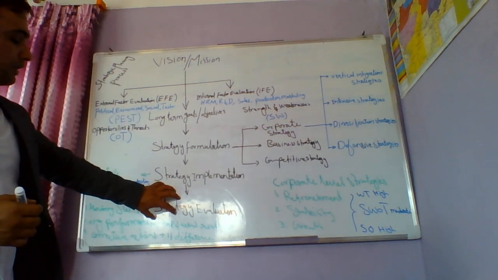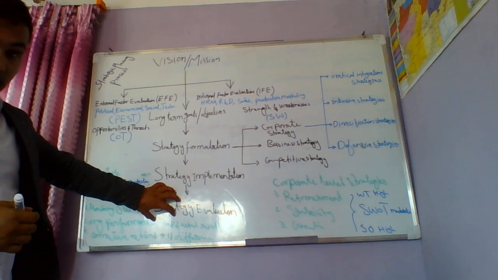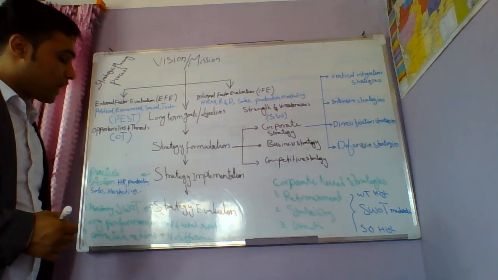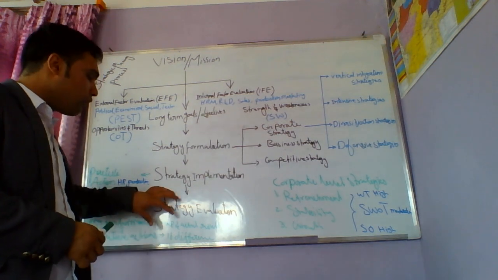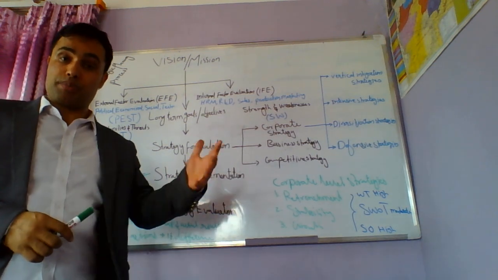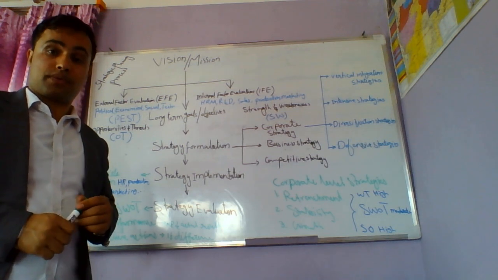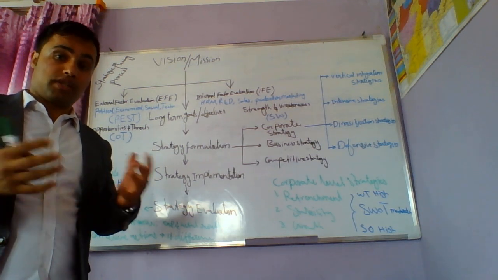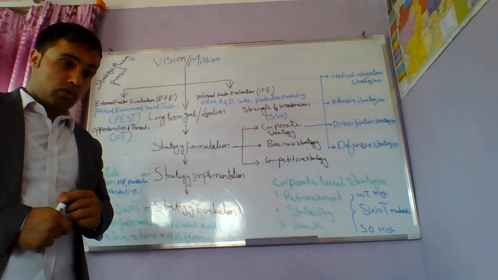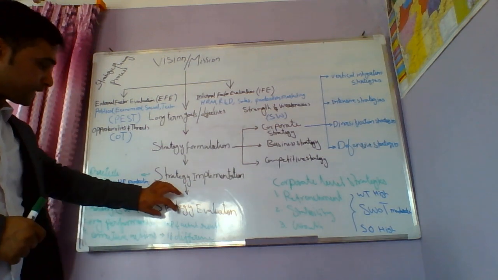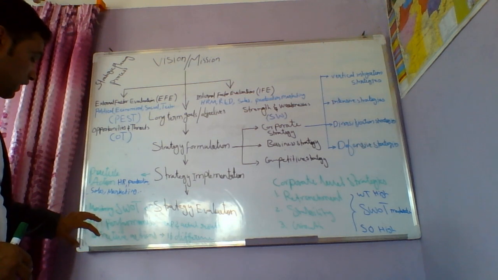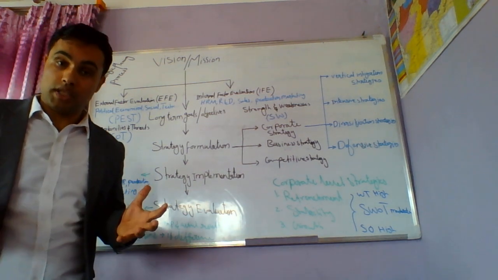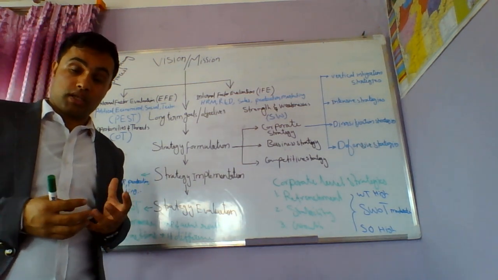The fifth one, the last one, is strategy evaluation. The evaluation process is a continuous process for the success of our organization's strategy. Constantly and regularly, strategy evaluation is monitoring the SWOT.